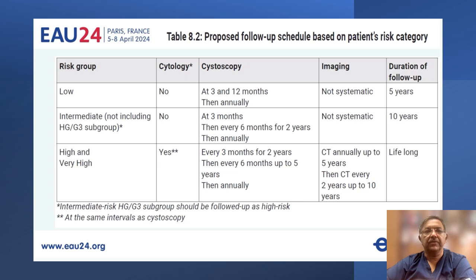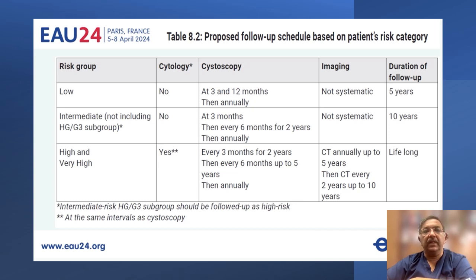For intermediate risk, it's important that you do 3 monthly cystoscopies, and if the cystoscopies for the first 2 years are negative, then go on and do 6 monthly for up to 5 years, and then annually.